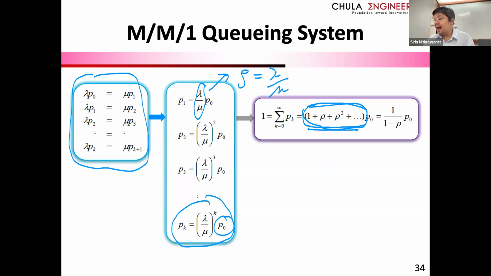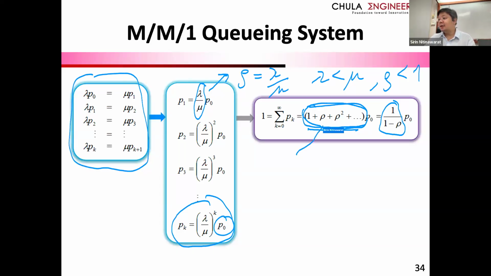Do you remember that it is that? Remember, we are in a stationary system, right? Lambda is strictly less than mu. So rho is strictly less than 1. So this sum is finite and is equal to 1 over 1 minus rho.